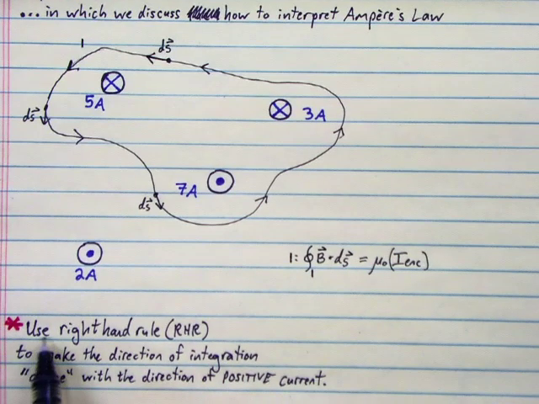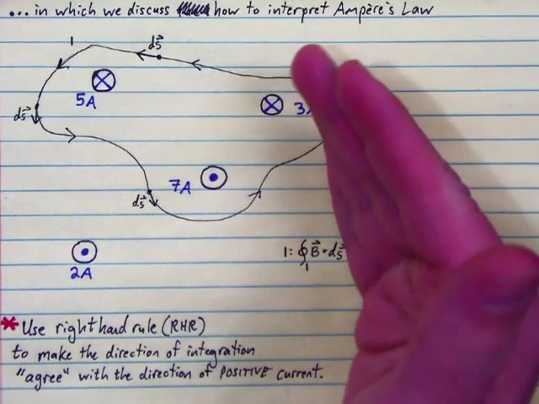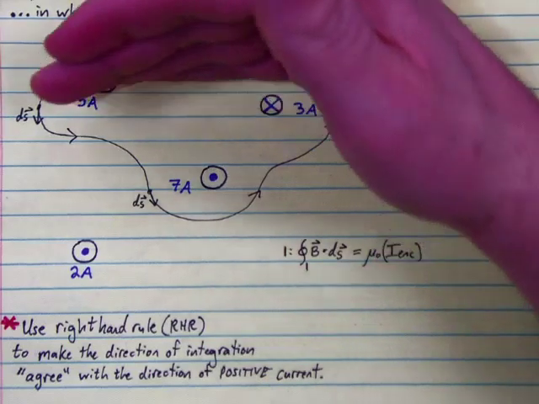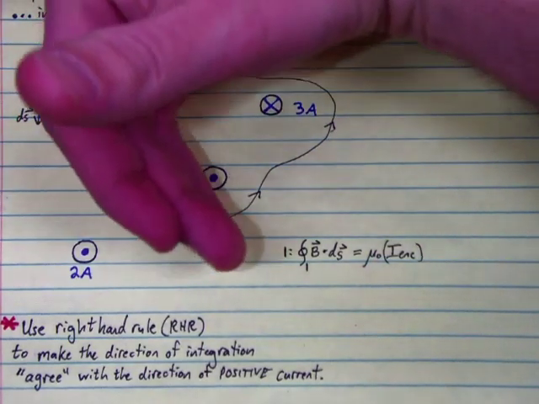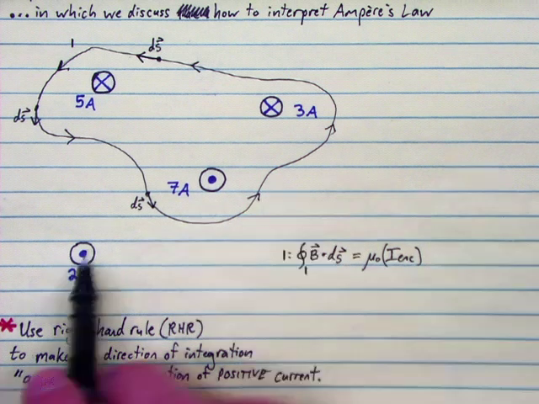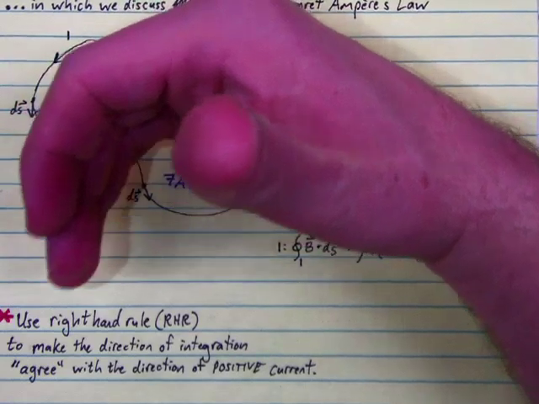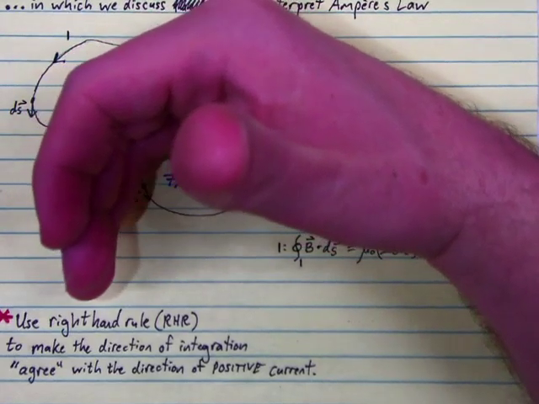I'm saying here, we're using a right-hand rule to make the direction of integration, that's this counterclockwise direction of travel around the path, agree with the direction of positive current. So if we're going to go counterclockwise around this path, then out of the page has to be the direction for positive current.